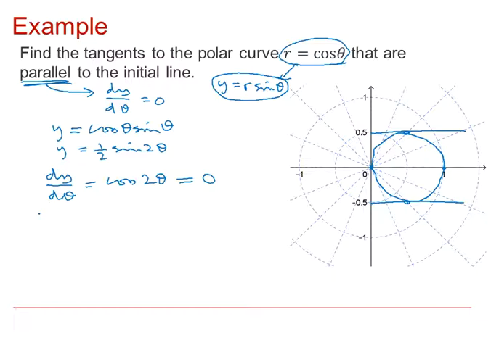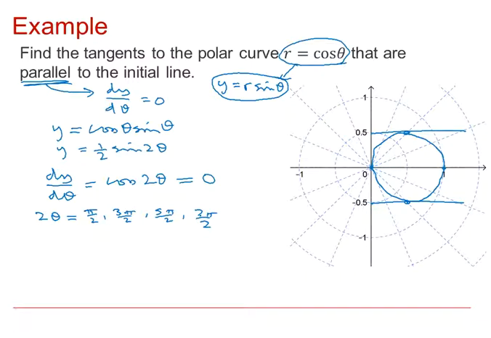If cos 2 theta is 0, always try and solve for 2 theta before you look for theta. So if cos 2 theta is 0, then 2 theta will be pi by 2, 3 pi by 2, 5 pi by 2, and 7 pi by 2.